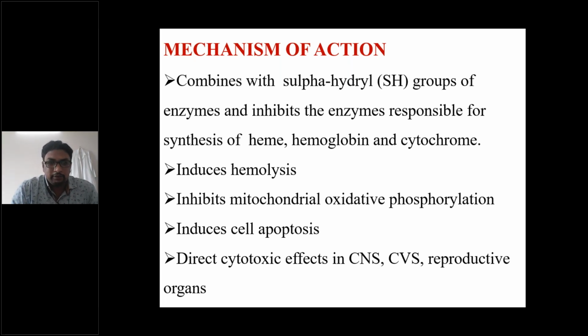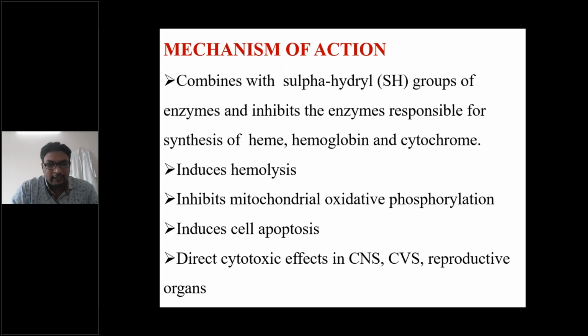Because hemoglobin is not synthesized in RBC, hemolysis can occur, and because the cytochrome, which is an enzyme for oxidation, is inhibited, it causes oxidative phosphorylation inhibition in the mitochondrial organelle, and all these things can induce cell apoptosis.